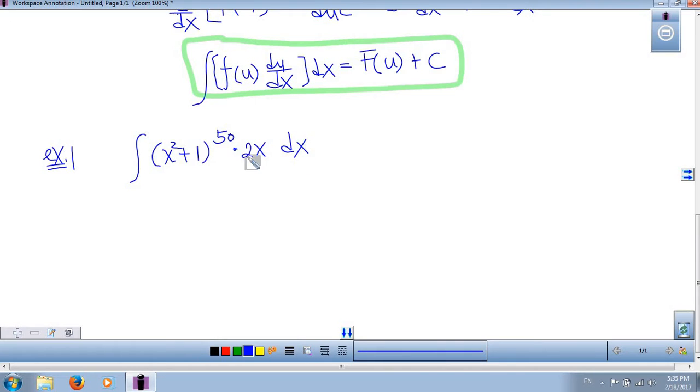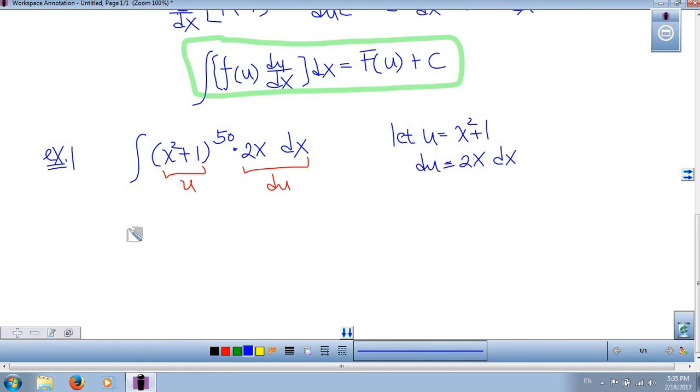On the outside, I see a 2x dx, and I realize that the derivative of x squared plus 1 is 2x. So if I let u be the inside function, x squared plus 1, then the derivative of u with respect to x is 2x dx. And yes, I have 2x dx. So we're going to let this be our u, and we're going to let 2x dx be our du.